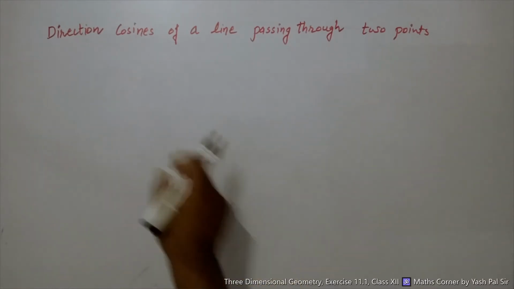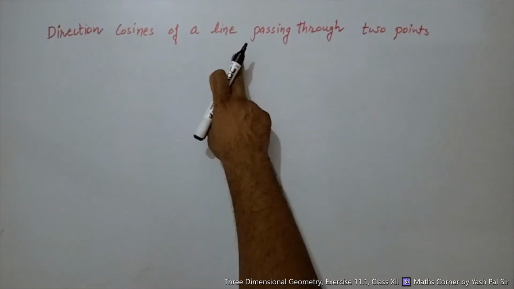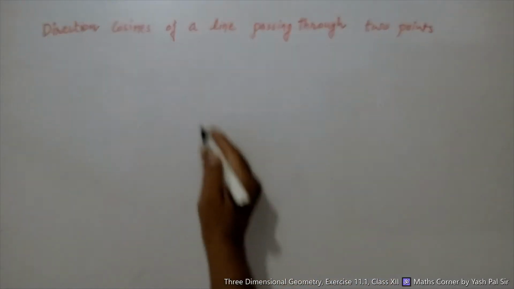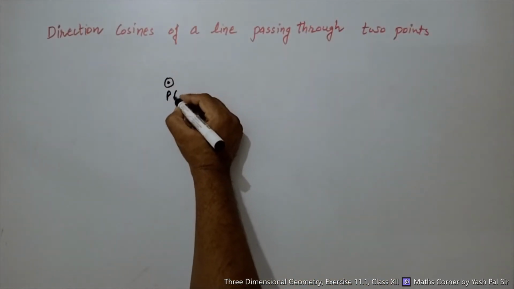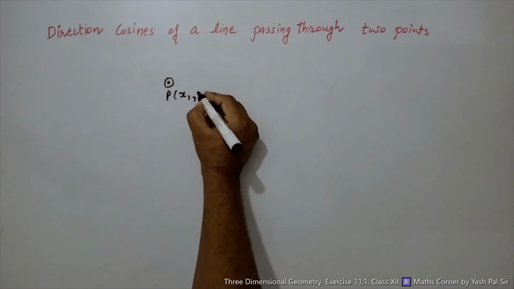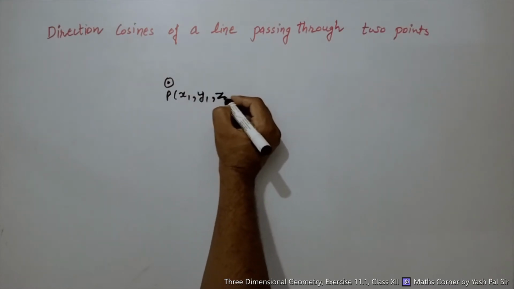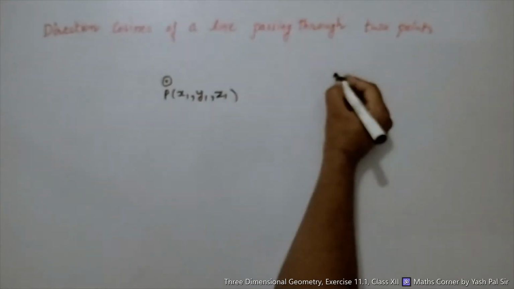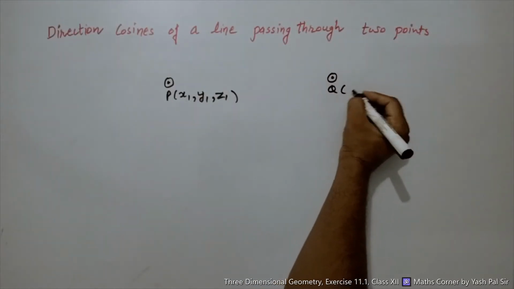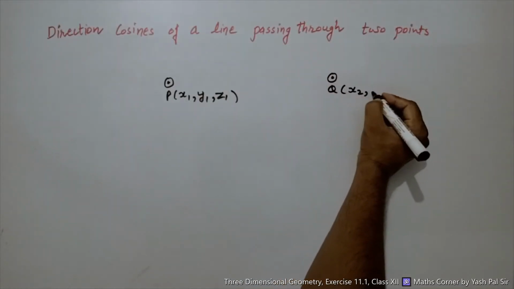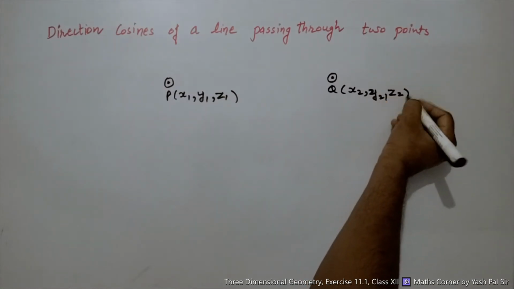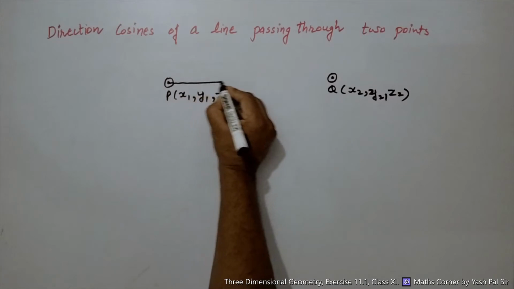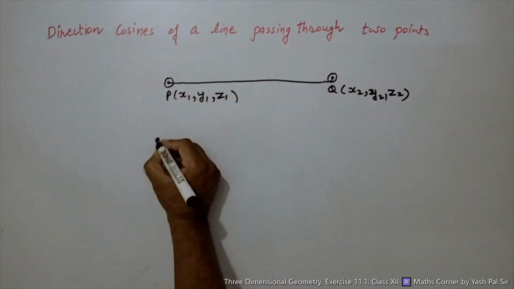Next point we have how to find the direction cosines of a line passing through 2 points. Suppose P is any point having the coordinates x1, y1, z1, and there is another point Q having the coordinates x2, y2, and z2. Now we join these 2 points.